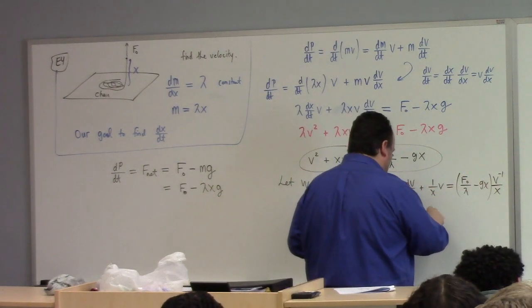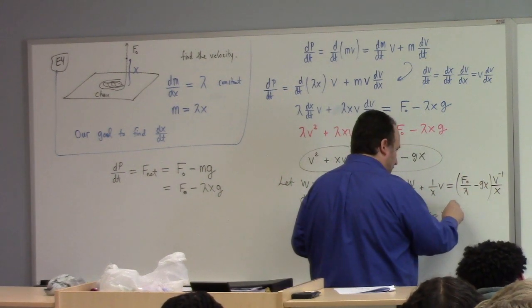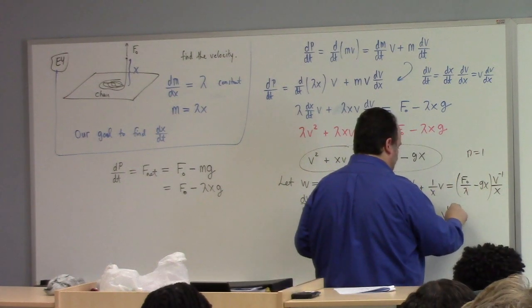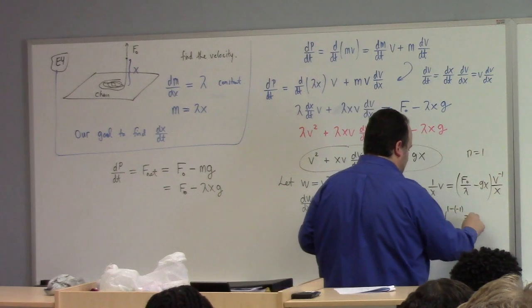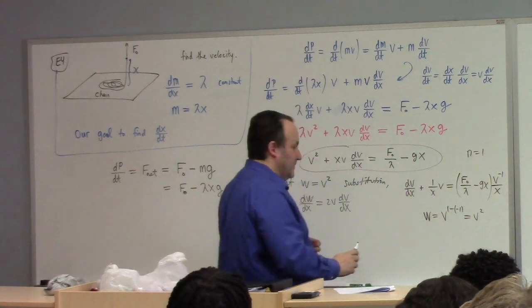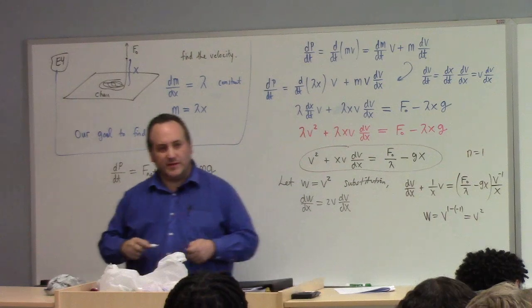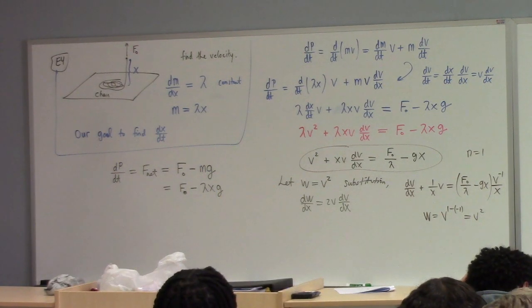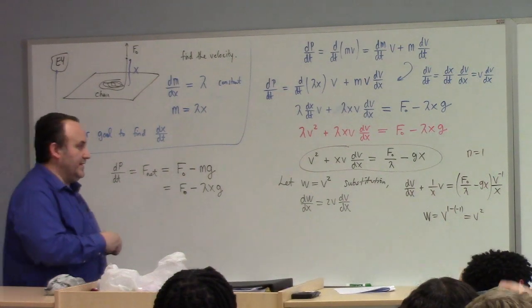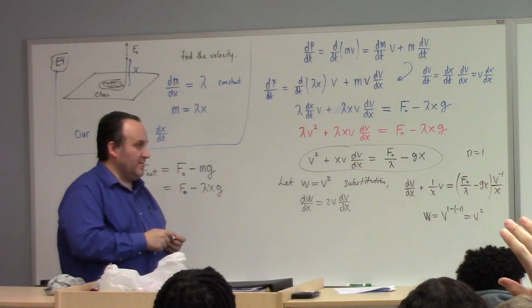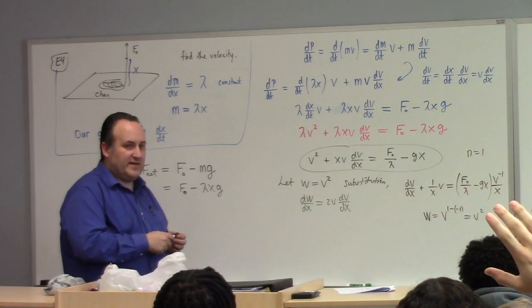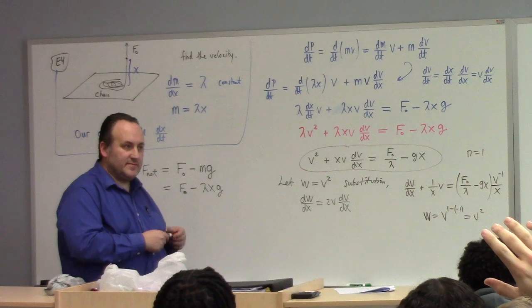So w equals v to the 1 minus n, where n equals minus 1. 1 minus a minus 1 is v squared. Woohoo! Yeah, that's why we did it. It's the Bernoulli substitution. It's been a minute since I wrote a solution. Bernoulli equations actually come up in real physical problems like this.